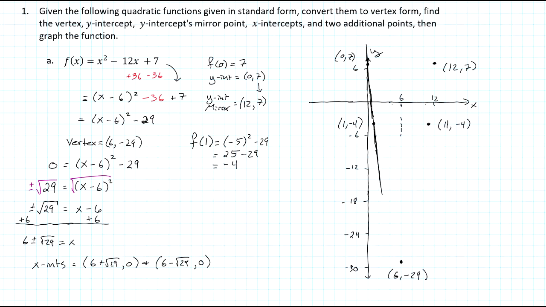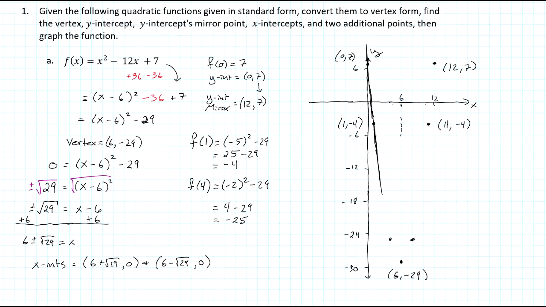I'm going to plug in 4 into that function as well, just to help me draw this a little bit nicer. So if I do that, I'm going to get negative 2 squared minus 29. Right, 4 minus 6 is negative 2. So we get 4 minus 29 equals negative 25. So 4, negative 25, that's there.